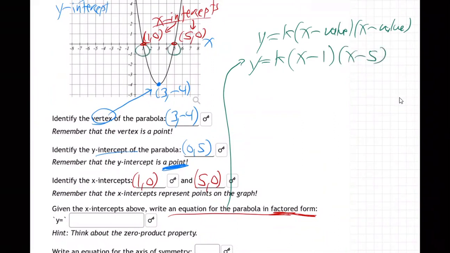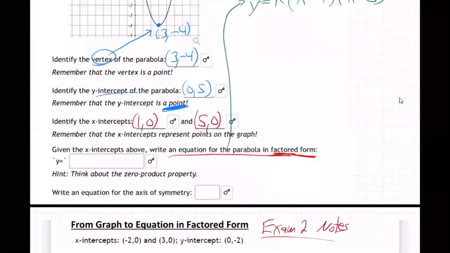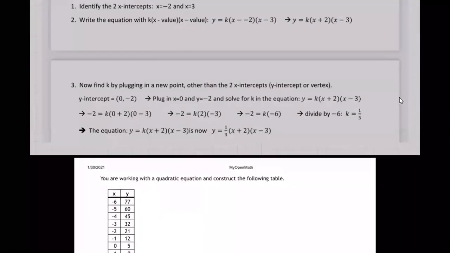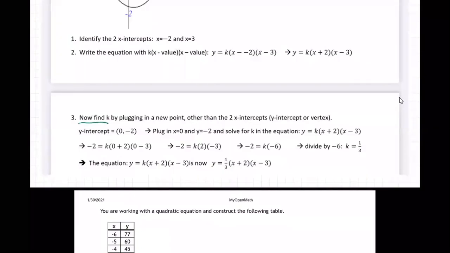The 1 and the 5 are the two x-intercept values, okay? Now, how do you find the k? Well, from the notes, find k by plugging in a new point other than the two x-intercepts, either the y-intercept or the vertex.